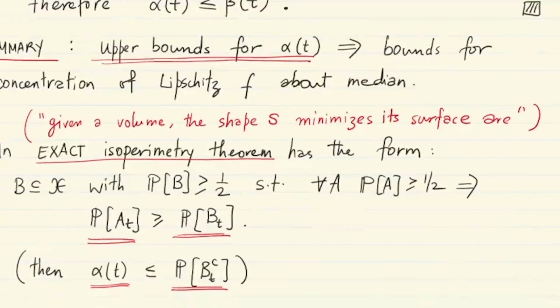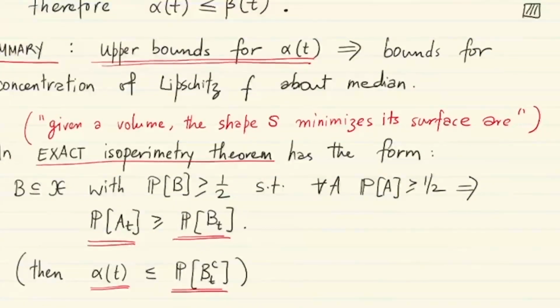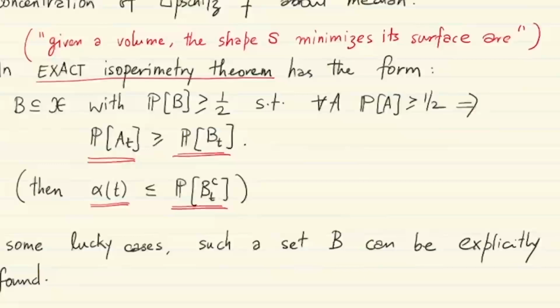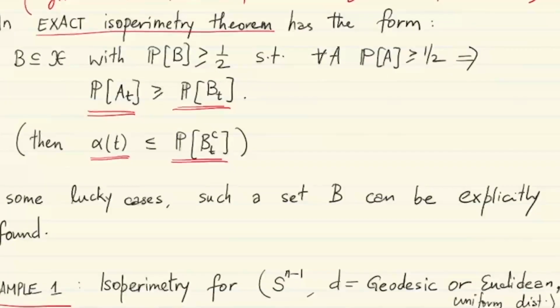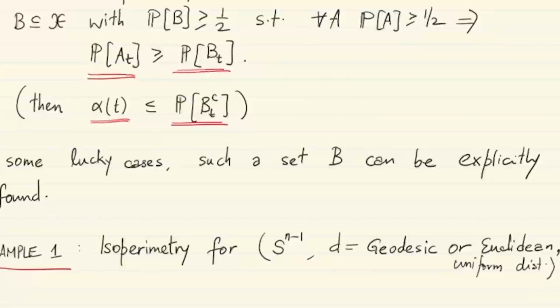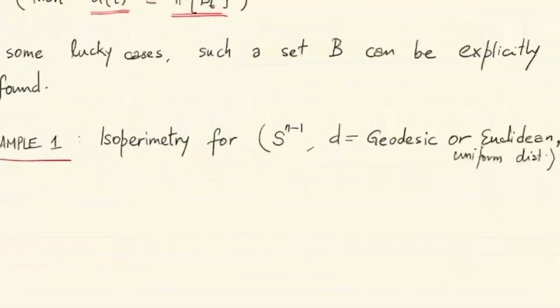So this is what an exact isoperimetry theorem gets you. So in some lucky cases, a set like this is explicitly definable. And so here are two classical examples.